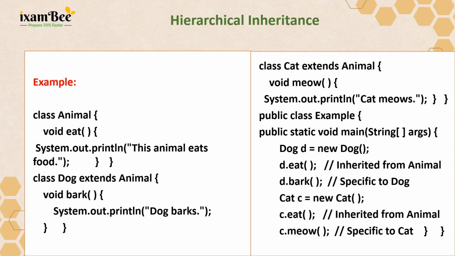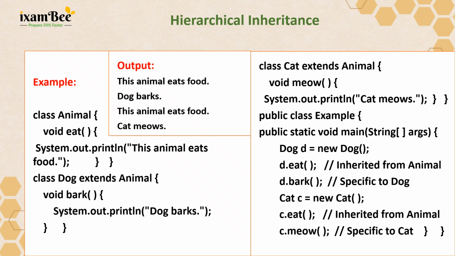We are creating a new object of the cat class. Then we are calling c.eat that would call the eat method from the animal class. c.mew will call the mew function specific to the cat class. The output of this code is as shown on the screen. So this is an example of how you can have hierarchical inheritance in Java.